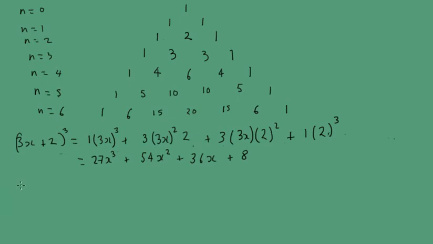Now we're going to do another one. We're going to do (5 minus 2x) raised to the 4. So again, we go through the same process. Our coefficients for n to the 4, write them down here, are 1, 4, 6, 4, and 1.